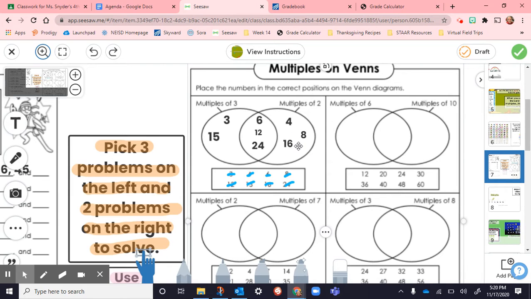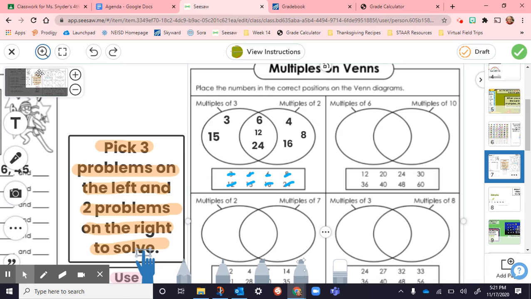Because when I'm skip counting my 2s, 2, 4, 6, 8, 10, 12, 14, 16, none of these numbers show up for 3. So the numbers that are just multiples of 2 go here on the right. The numbers that are just multiples of 3 go on the left. And the ones that are multiples of them both go in the middle here.